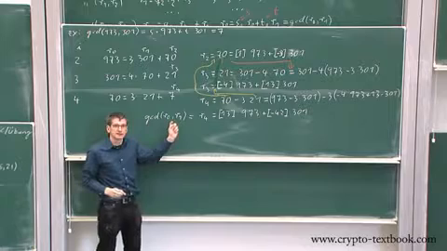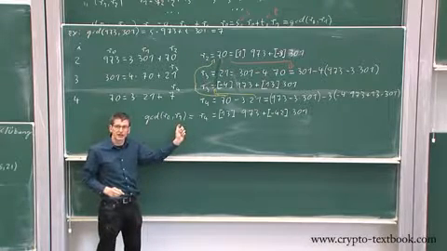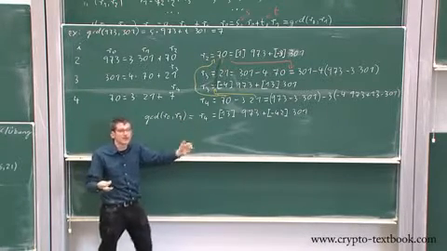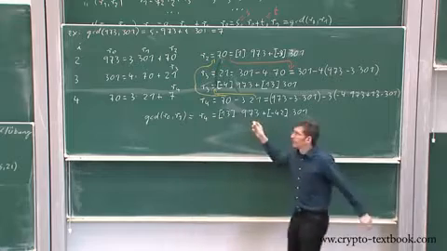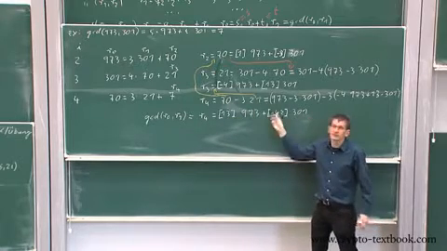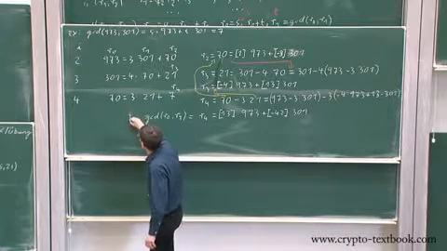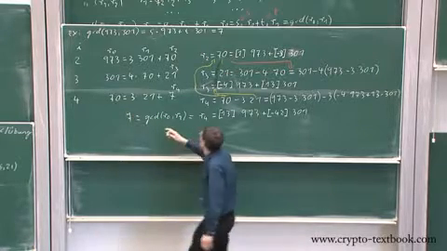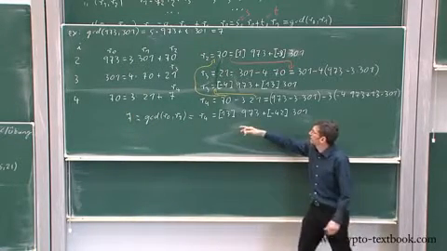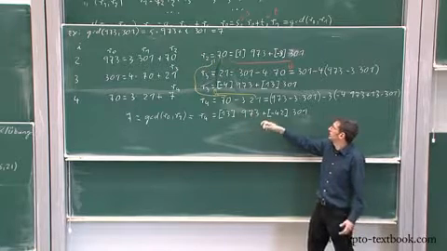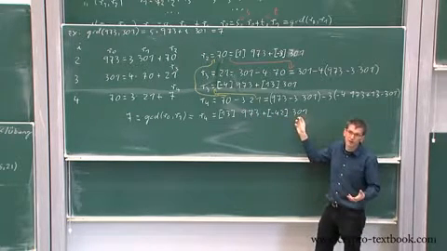And by the way, 7 can be written in this way: 7 is 13 times 973 minus 42 times 301.